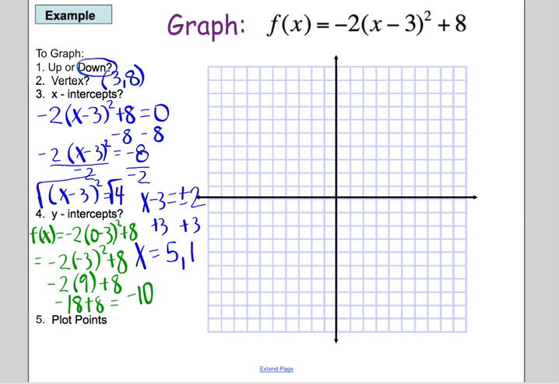Now that I have all that information, we're going to go ahead and put it all onto the graph. So we'll start with the vertex. I'm going to go over 3 and up 8. Our x-intercepts are at 1 and 5. Our y-intercept is way down here at -10.